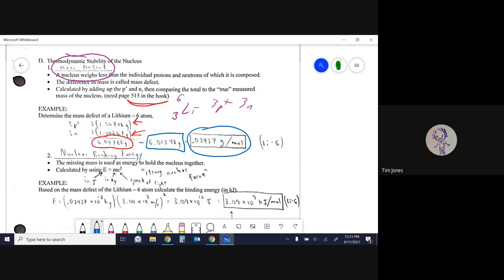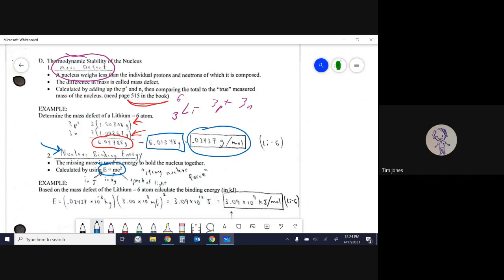So of course, the obvious question is, why is mass missing? Well, mass has been converted into energy to hold the nucleus together. That energy is called, right here, nuclear binding energy. So like the name says, it's the energy that binds the nucleus. And we can analyze this using the very famous equation from Einstein, E equals mc squared.